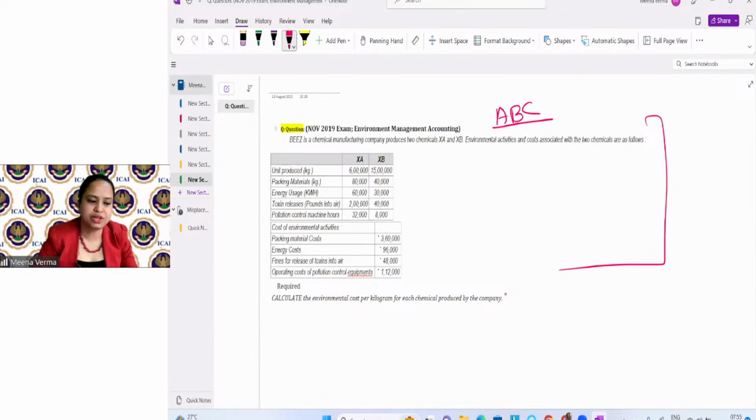So what is happening here? BES is a chemical manufacturing company that produces two chemicals, XA and XB. So the company is producing two products, XA and XB.